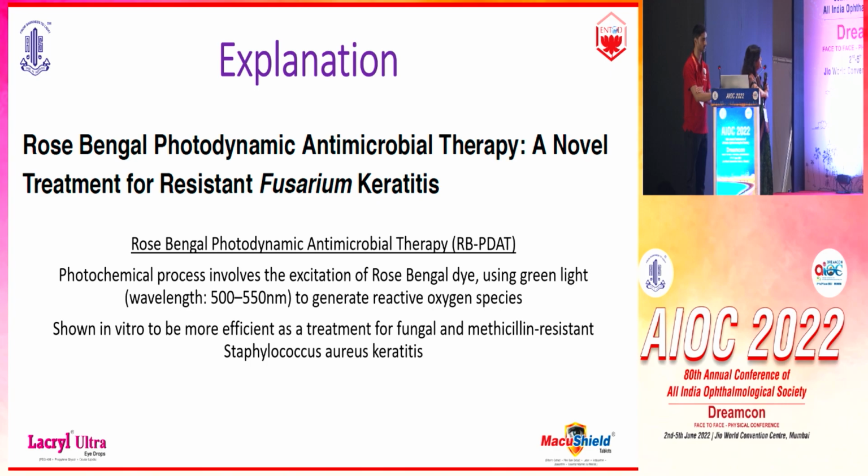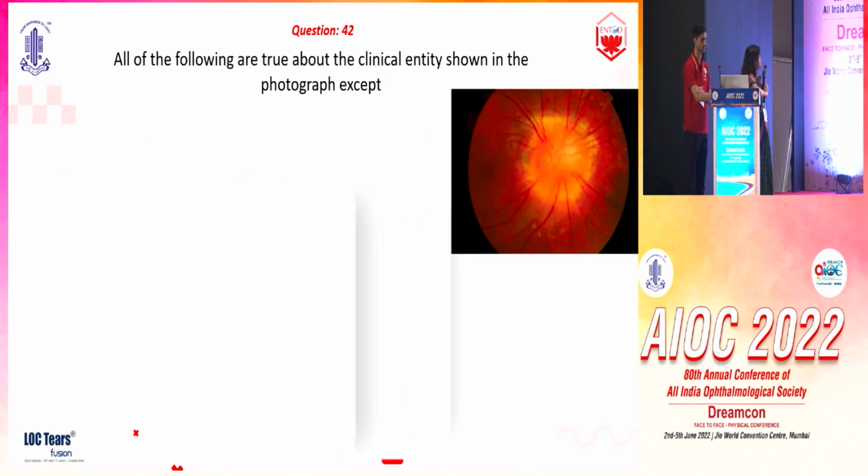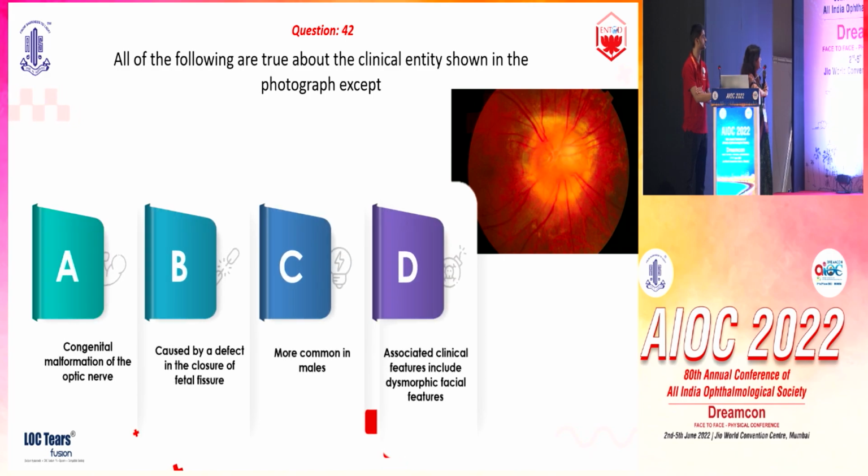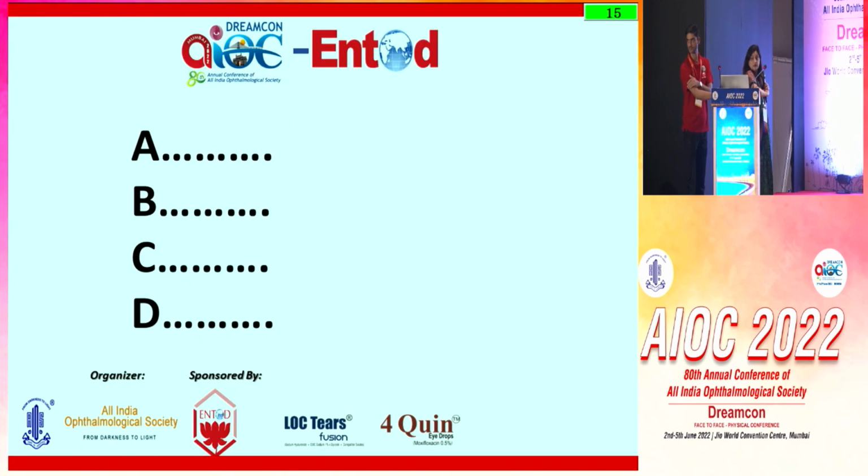So next question, please. All of the following are true about the clinical entity shown in the photograph except: congenital malformation of the optic nerve caused by a defect in the closure of the fetal fissure. More common in males. Associated clinical features include dysmorphic facial features. And the timer, please.